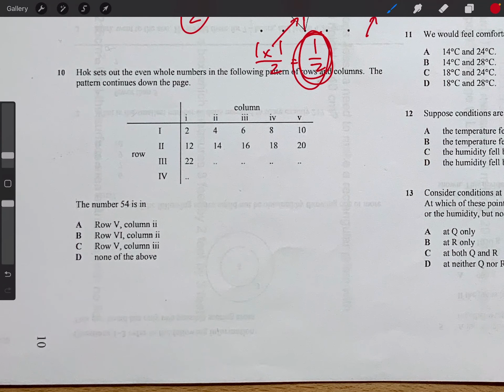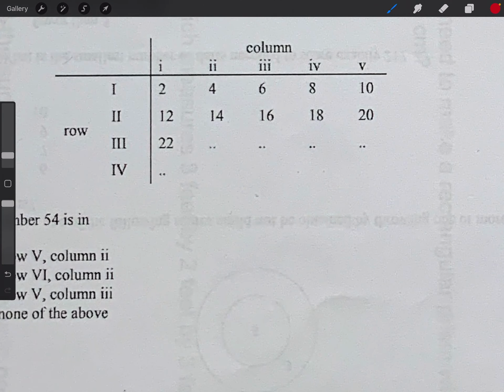Okay, Hock sets out the even whole numbers in the following pattern of rows and columns. The pattern continues down the page. The number 54 is in which column? So let's see what's going on here. 2, 4, 6, 8, 10, 12, 14, 16, 18, 20, 22, 24, 26, 28, and 30.